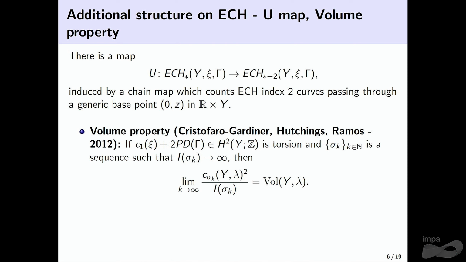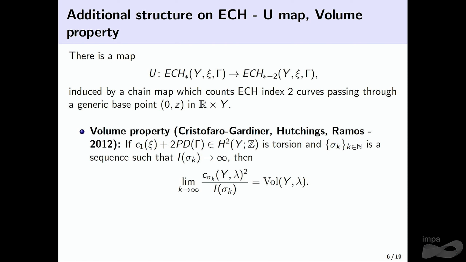Another property of ECH spectral invariants, and this is more surprising, I think, was conjectured previously by Michael Hutchings, who is here, and then with two other students, Christopher Gardner and Vinicius Ramos, they proved this amazing property.